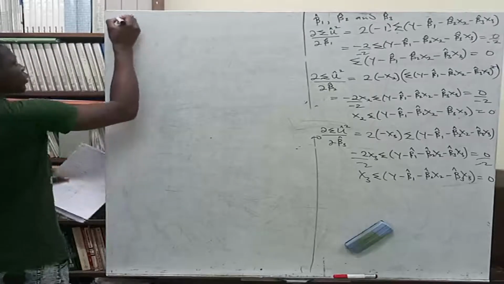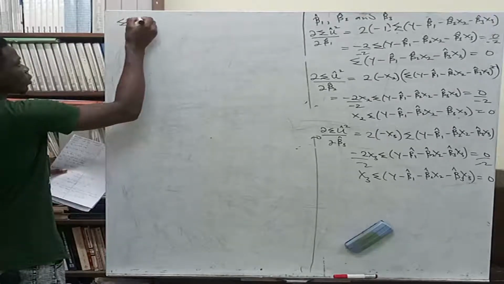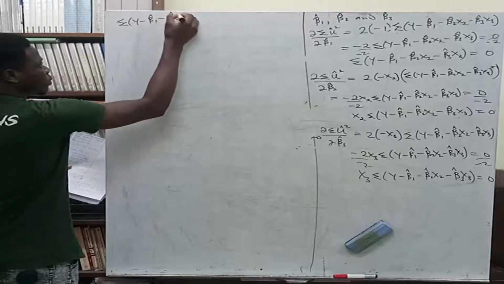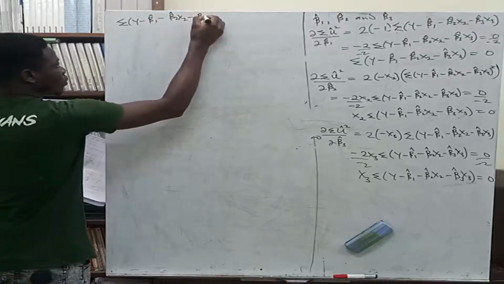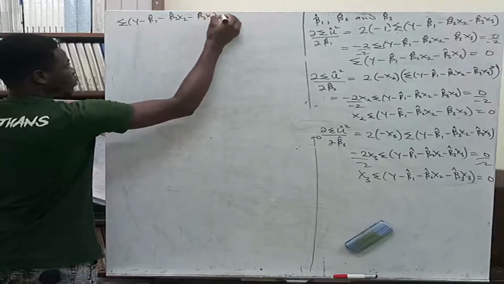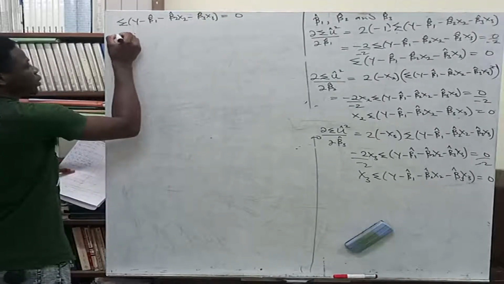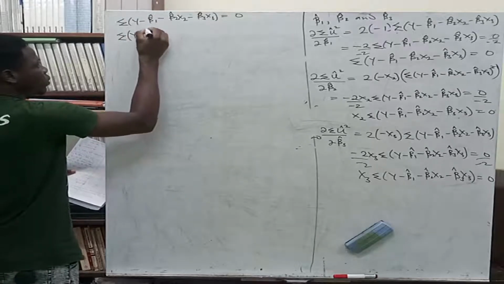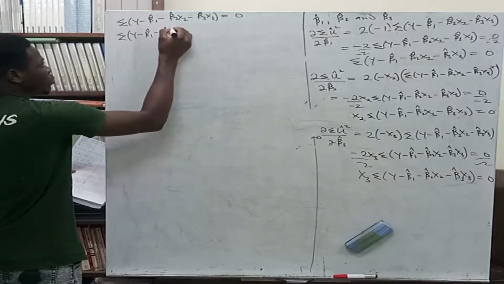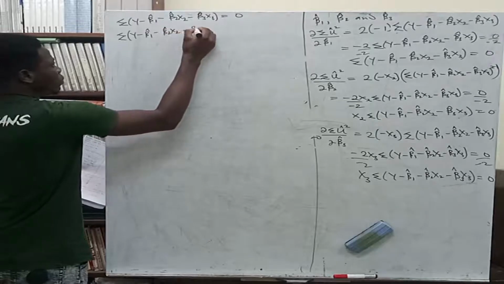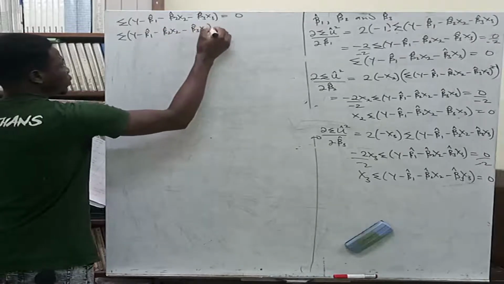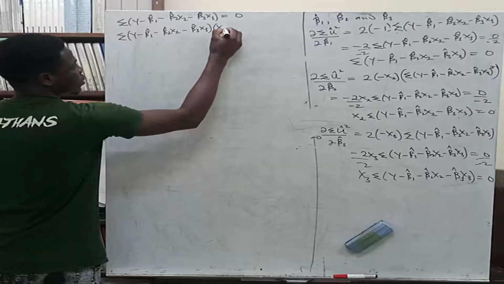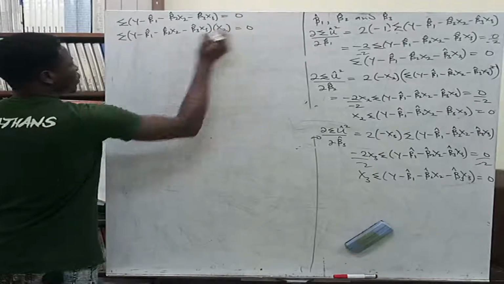First one, second one, then with x, this is x2, equals 0.